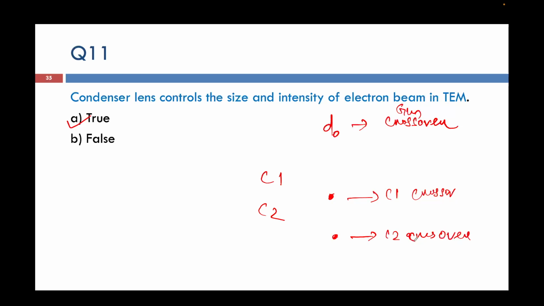So they ultimately define the size and intensity of the electron beam. If any aperture is there, it will block the unwanted beam, that means the most diverged beam, and likewise control the intensity and the size of the probe.